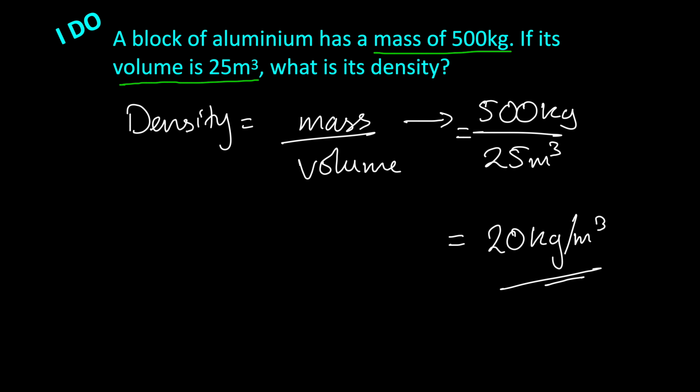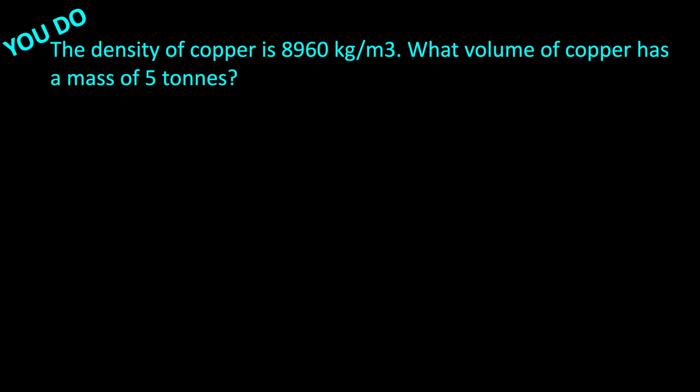Let's try another one. In this case, pause the video and have a go. Okay, hopefully you've attempted this question now. Now let's go through it together. The density of copper is 8,960 kilogram per meter cubed. What volume of copper has a mass of 5 tons?